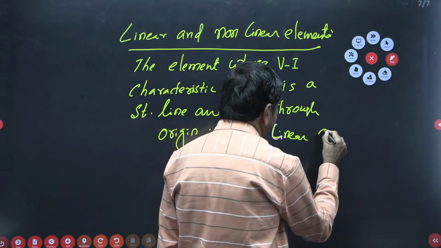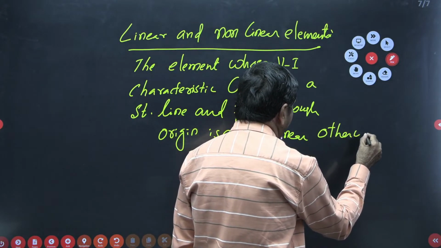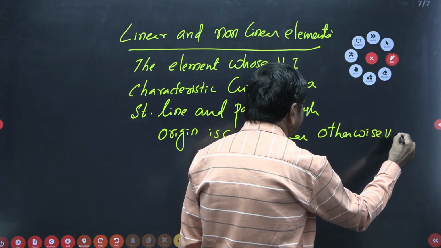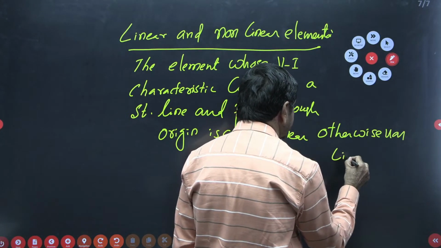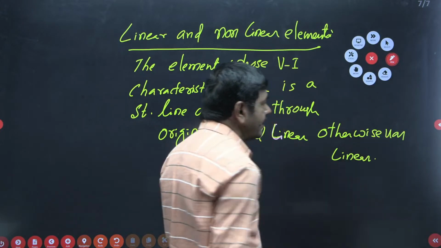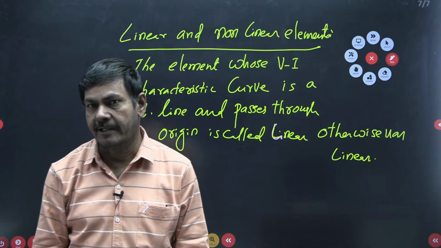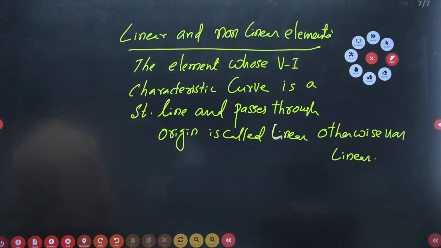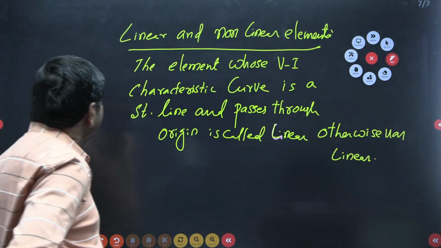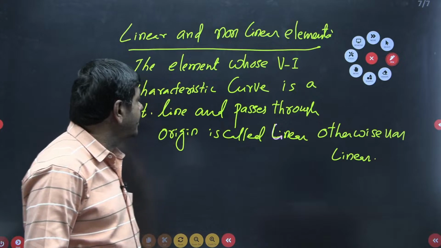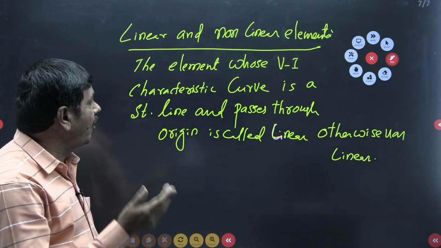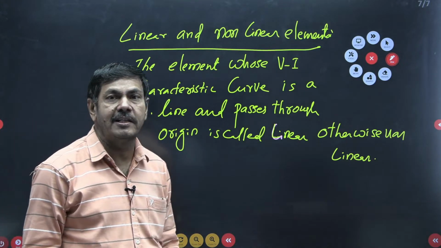Otherwise, nonlinear we can say. That point is very important. Here it is given: the element whose VI characteristic curve is a straight line and passes through the origin is called linear, otherwise nonlinear.